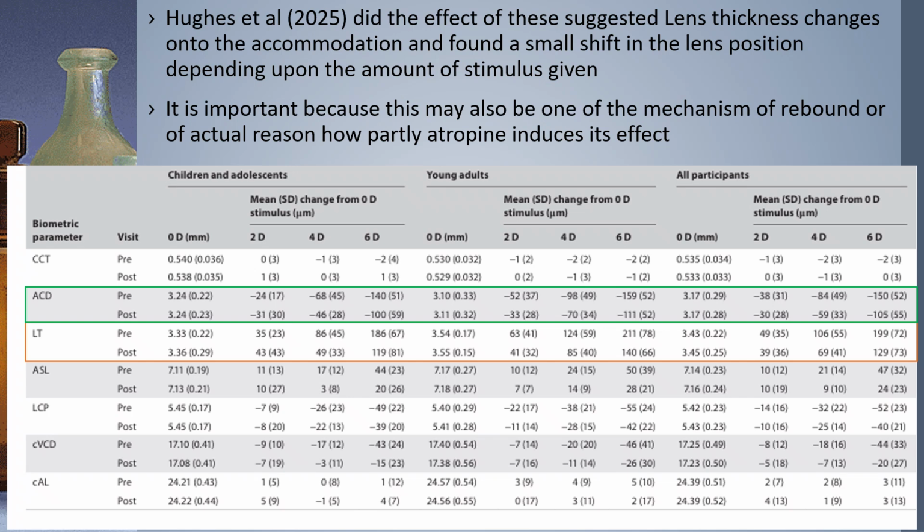Once you induce accommodation, you suppose there will be a change in the anterior chamber depth, which was also not there much. You could see that the patient was not able to accommodate. So the point out of all this confusion, which these three papers are trying to make, is that this could be one of the reasons how atropine induces its effect, which is more than the change in axial length.